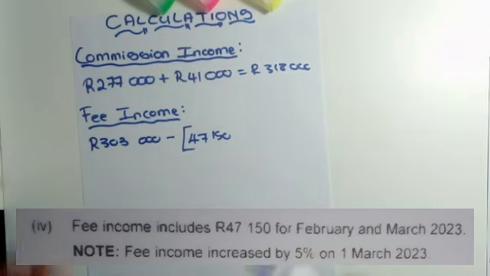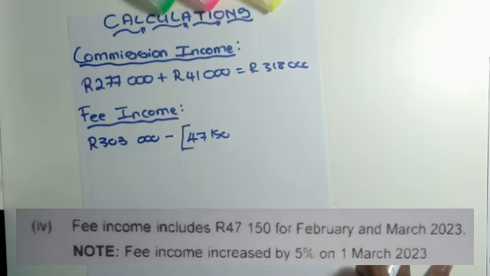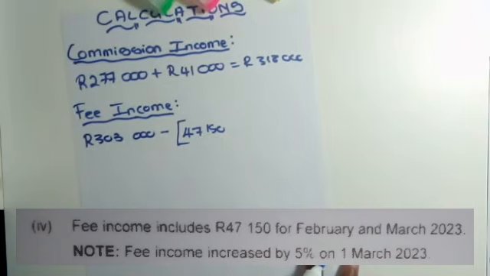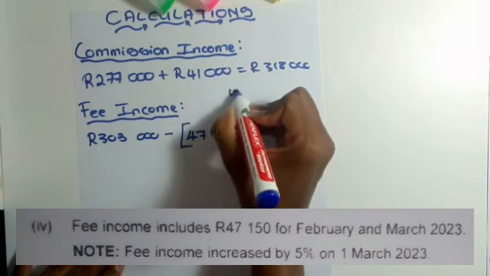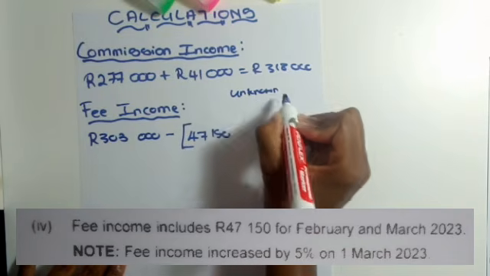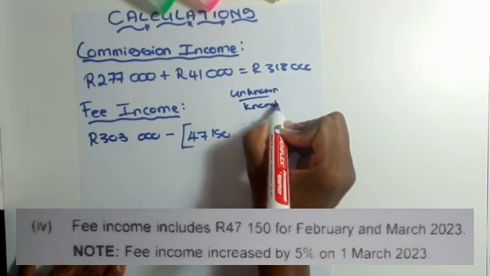And when they increase, we are going to say that now we are adding the increment into our original amount, which is the 100%. 100% is the original. So we are now going to go back to that formula that we like, that says unknown over the known in terms of percentages.